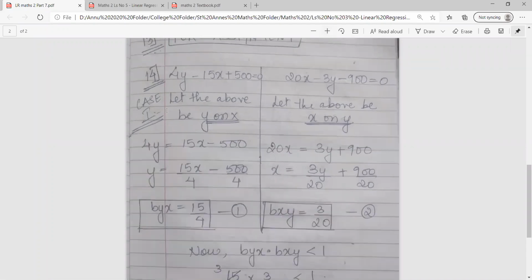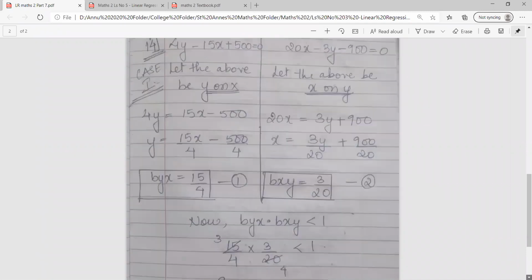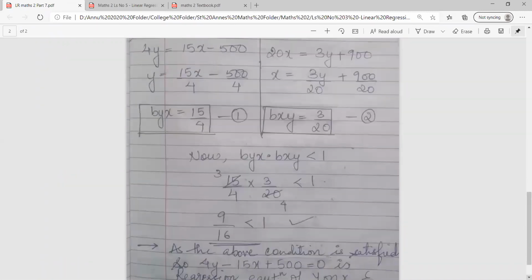So can you all see the screen class? We have to solve case 1 and case 2. We cannot avoid this. So case 1, let the first equation be the equation of y on x. And the second equation, that is 20x minus 3y minus 900, be x on y. So on solving, as you can see, byx came to 15 by 4 and bxy came to 3 by 20. Now we have to check whether our condition is satisfied or not.